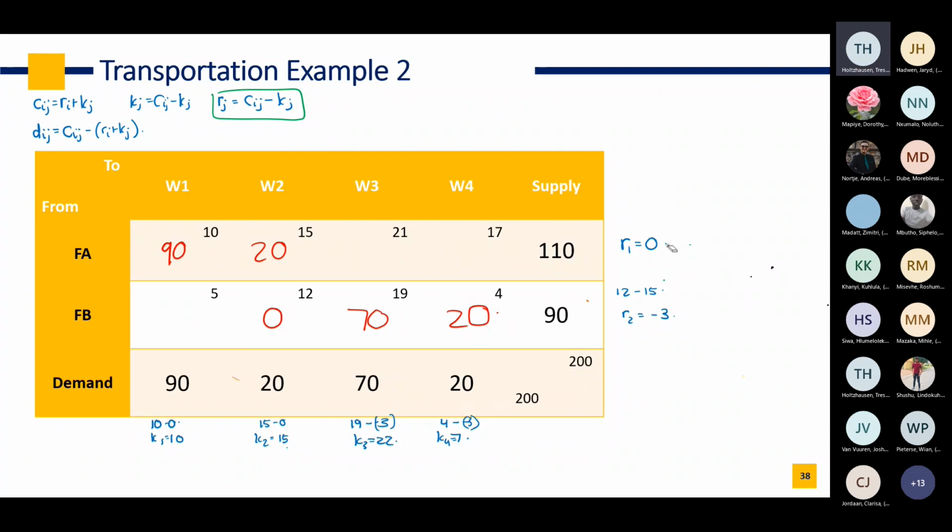Right, so let's work out our differences now. Our differences are your Cij minus your Ri minus your Kj. So we have 21 minus 0 minus 22. That gives us minus 1. Then we have 17 minus 0 minus 7.